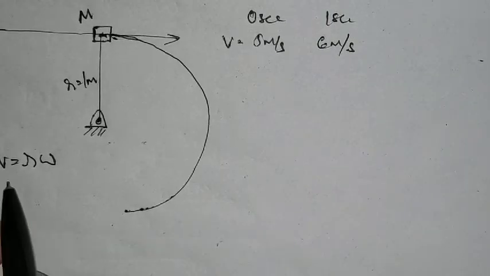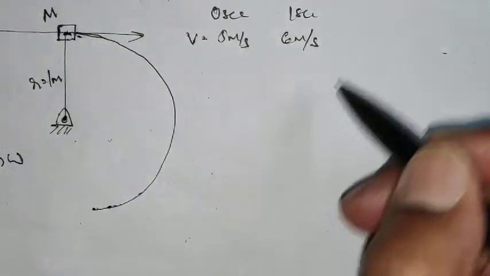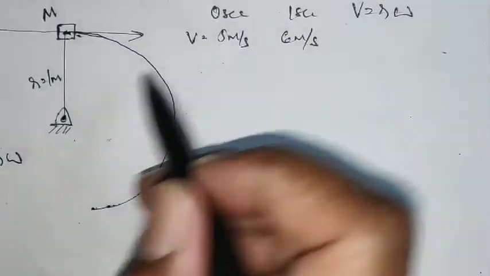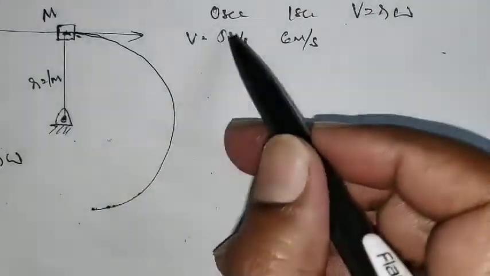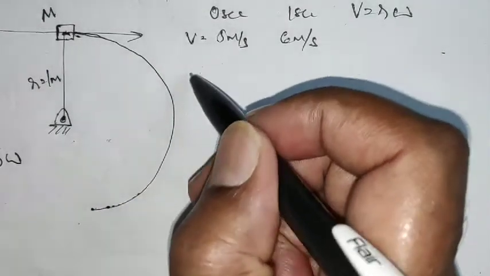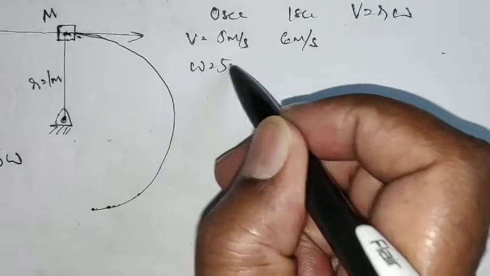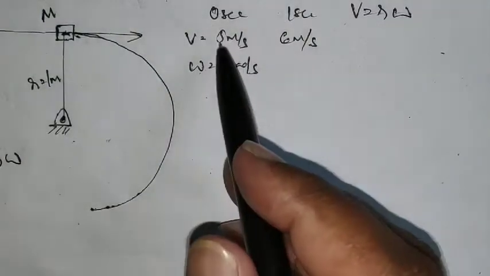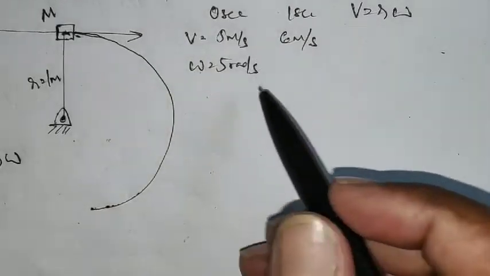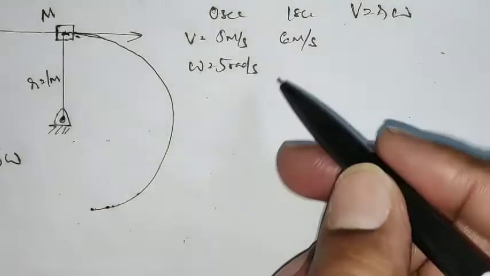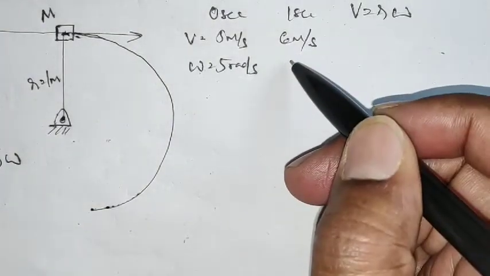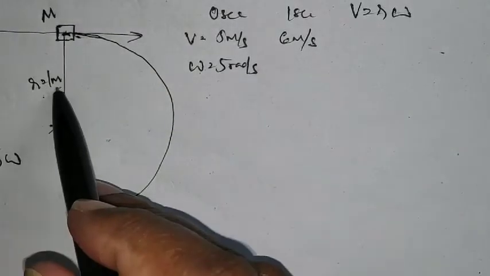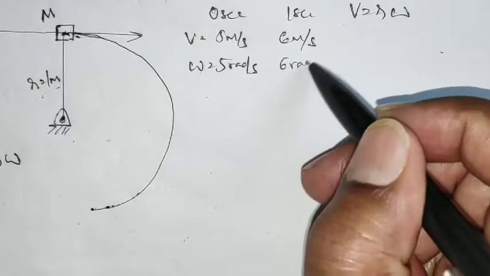So v is equal to r omega, and since r is equal to 1 meter, it is traveling at an angular velocity of 5 radians per second. This is at 0 second. And after 1 second, it will travel at a velocity of 6 meter per second, which is 6 times the radius. So this is 6 radians per second.